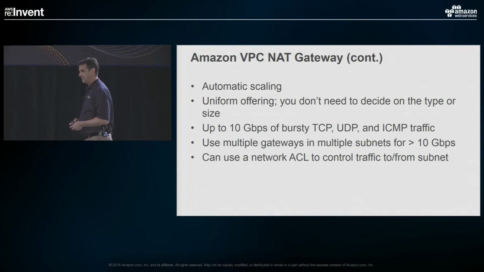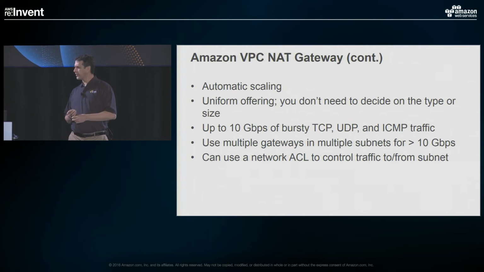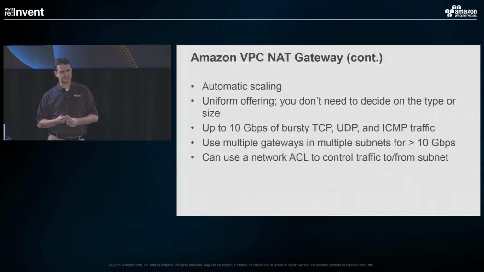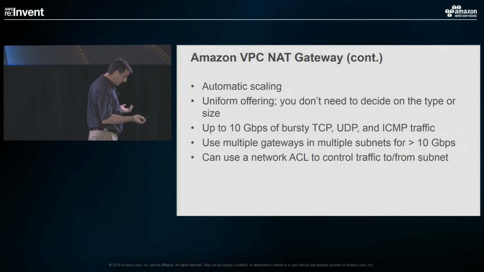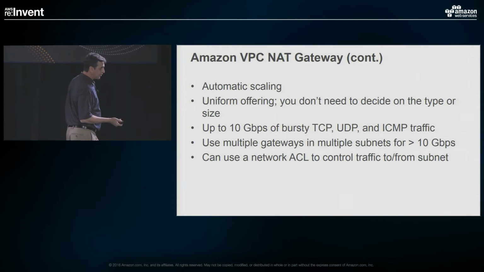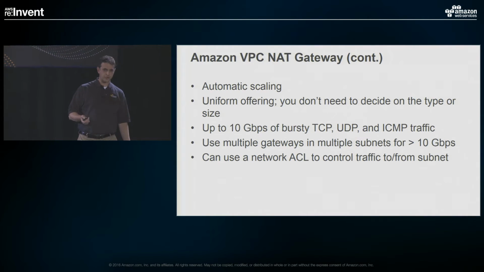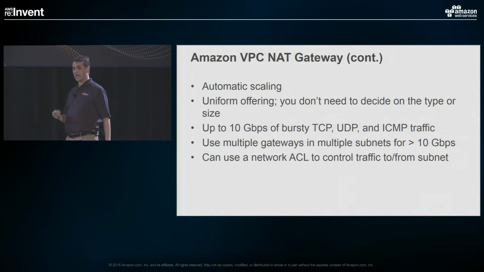So there's no limit, or if there is a limit, it's a large number of NAT gateway services that you could launch. And from a security perspective, you can leverage network access control lists to authorize inbound and outbound traffic at the subnet level.